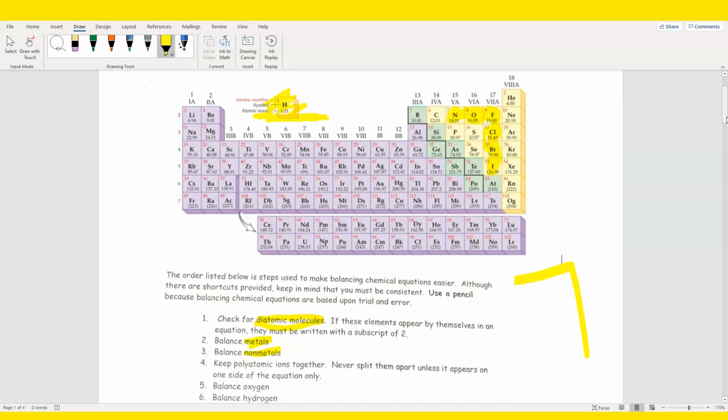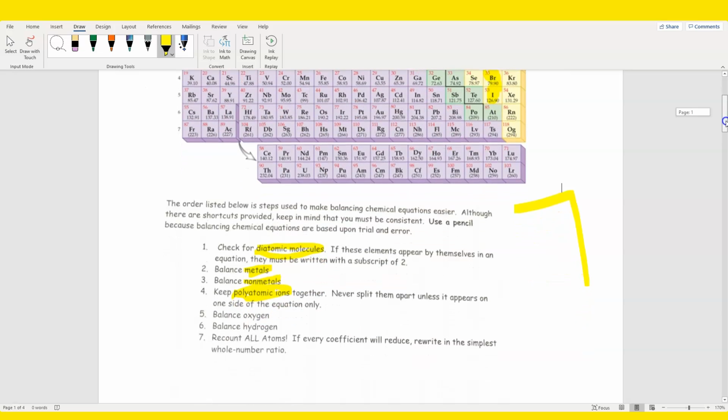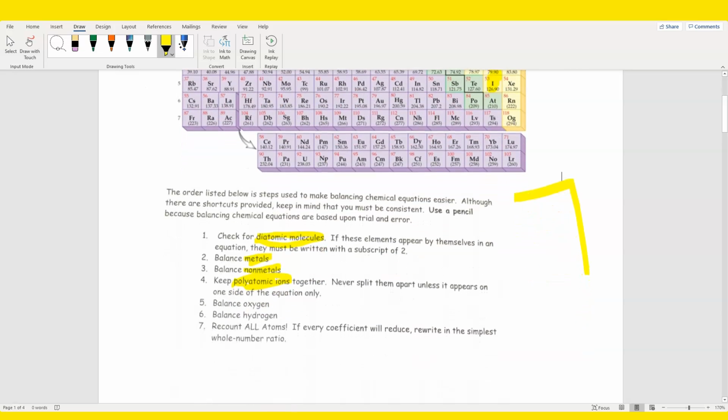For step number 4, you want to keep your polyatomics together, and I'm going to give you some examples in my next video so you'll know exactly how to do that, because with your polyatomic ions, you do not want to separate them. So a polyatomic ion would consist of something like, let's say I gave you the formula for magnesium hydroxide, okay?